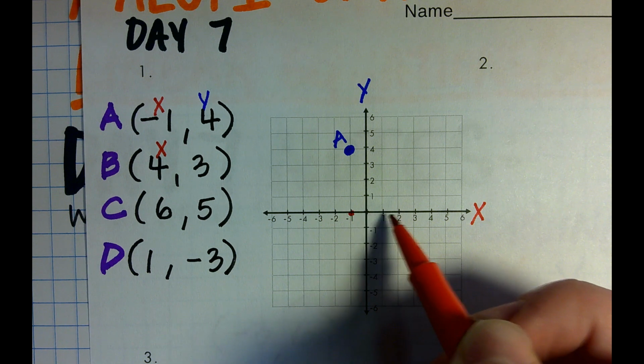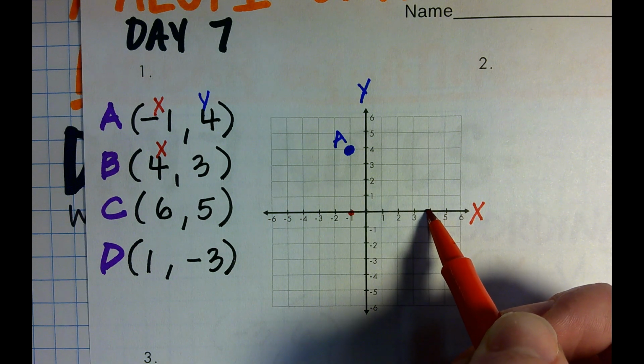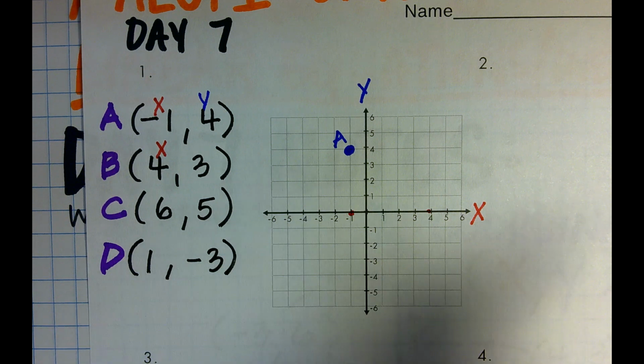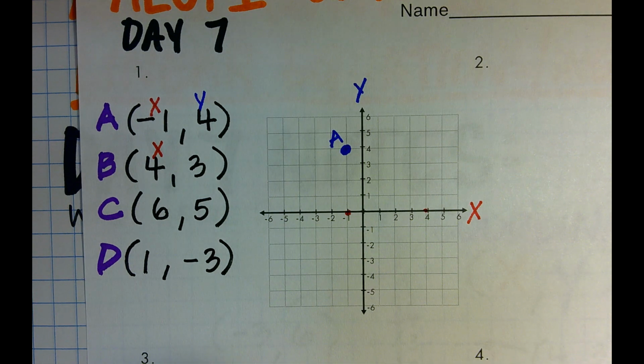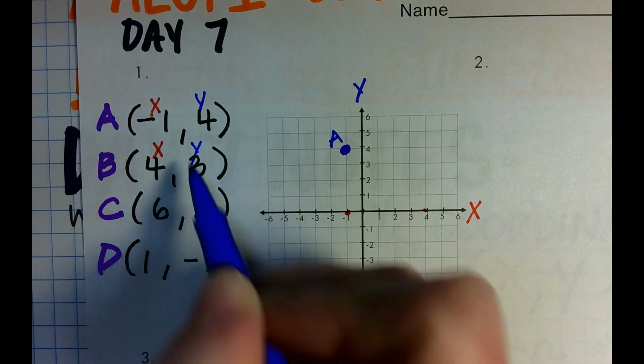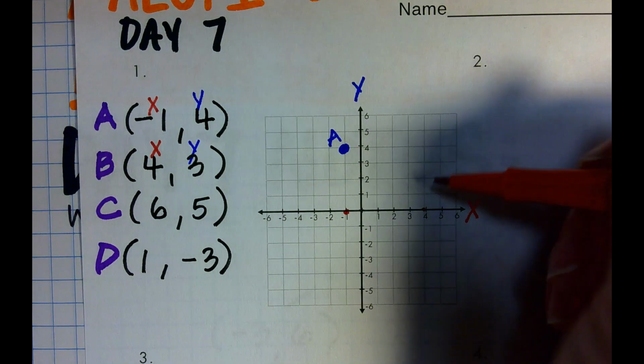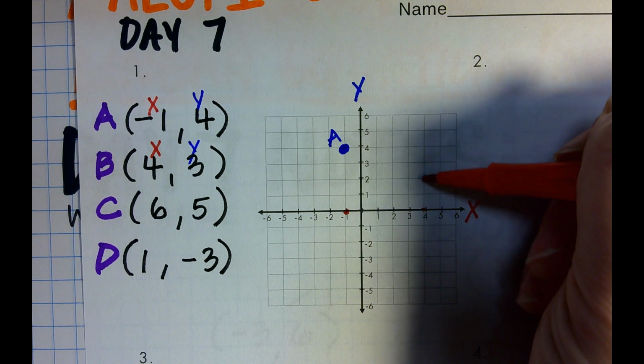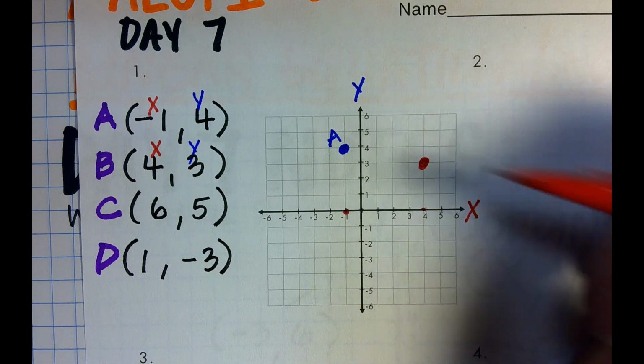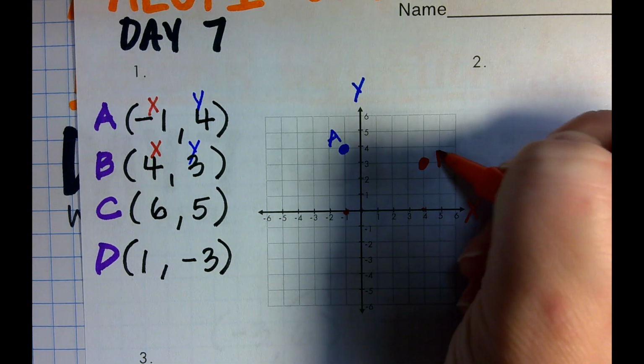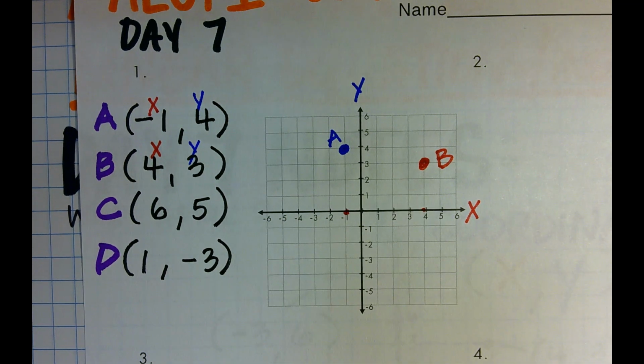So I'm going to go over to 4 on the x-axis. And where do I go from there? Up, yeah, up 3. Perfect. My y value is 3, so I just go up 1, 2, 3, and that is point B.